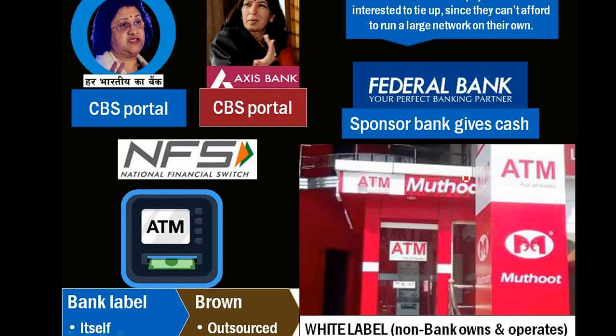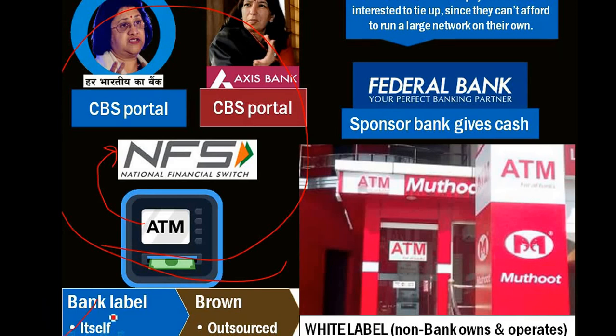So let's look at how the ATM services work. Over the ATM we have the National Financial Switch. How does the National Financial Switch work? Suppose we have an Axis Bank card and we try to use an SBI ATM machine to withdraw our money.